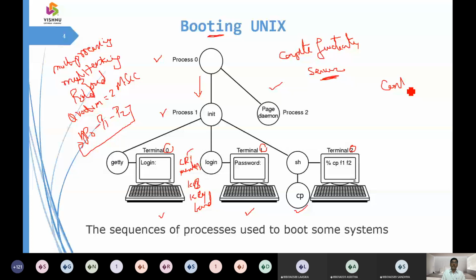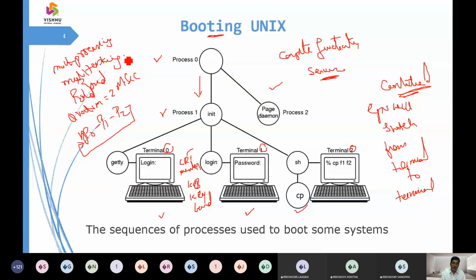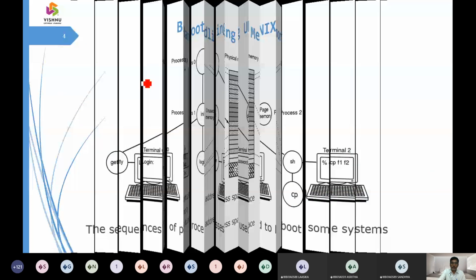The CPU will switch from terminal to terminal, and how is it going to switch? It is going to switch in an atmosphere of multitasking. It is going to use the round robin architecture, and there it is going to use the time quantum. In this way, booting of an operating system is going to happen.